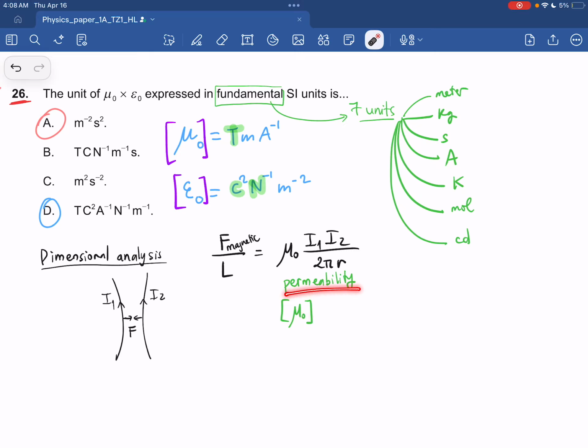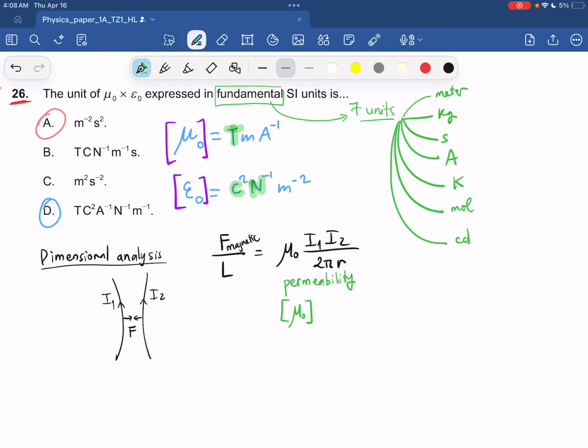So if you put the two currents in a different kind of medium, different from the vacuum, then the magnetic force will change. This tells us how much the magnetic force changes between different media, which is not vacuum.